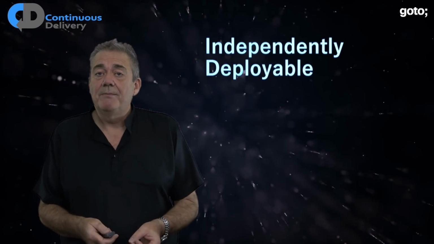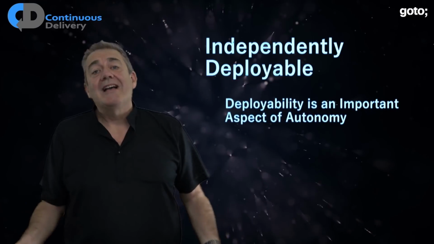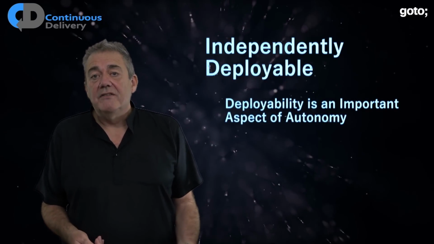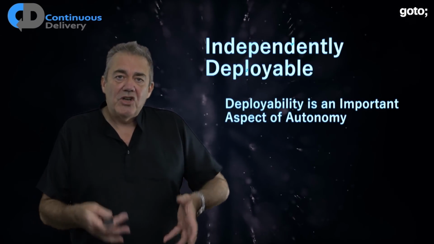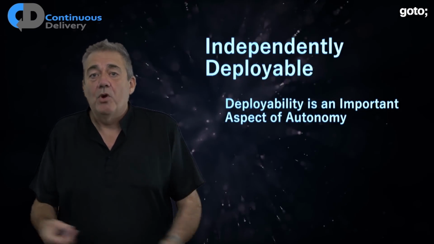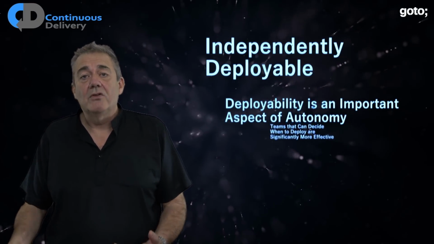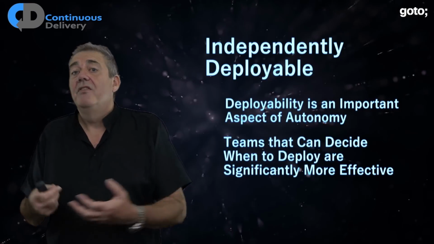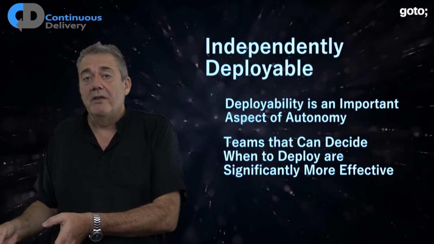Well, the key thing is that they are independently deployable. Deployability is one aspect of autonomy for these services, but it's an incredibly useful one. If we can work on changes to our service and deploy it without necessarily communicating or interacting with other groups of people, that means that we can make progress without being constrained by those groups.